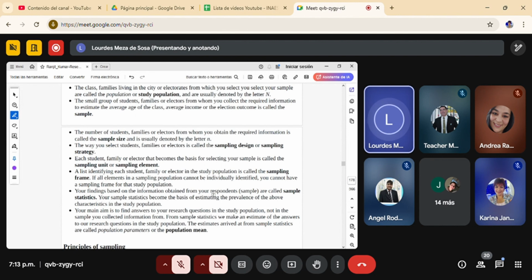So when we have a large population, let's say the entire country, we take sample statistics because we infer that, since we have these answers, the answers are going to be true for everyone. That's what population parameters are, when we estimate them from the sample statistics.